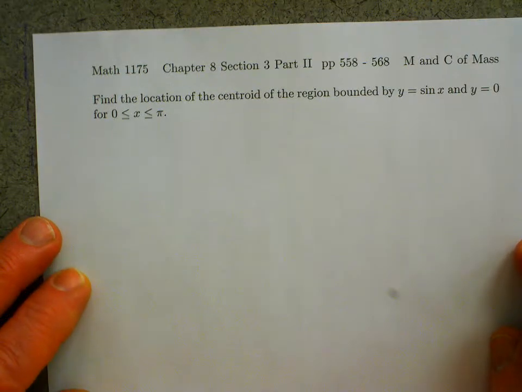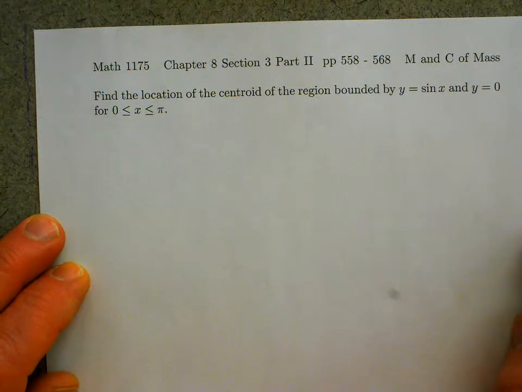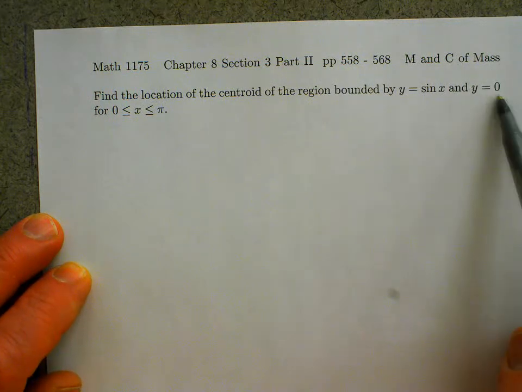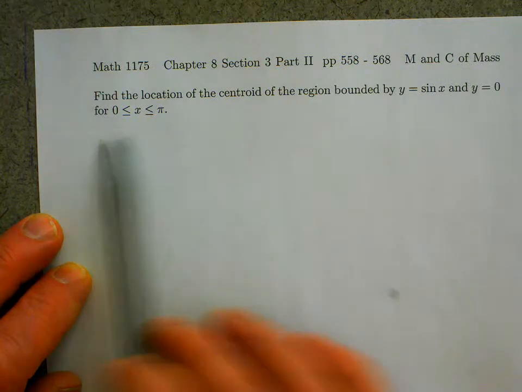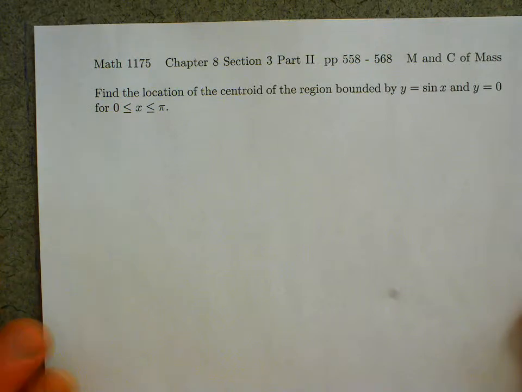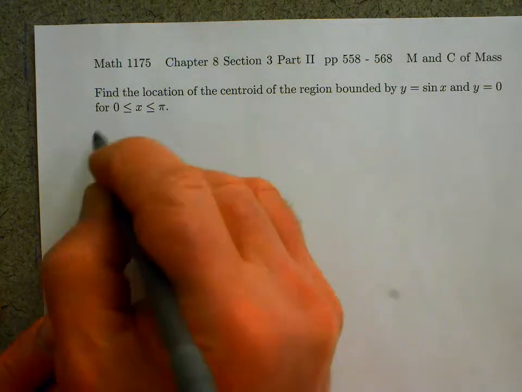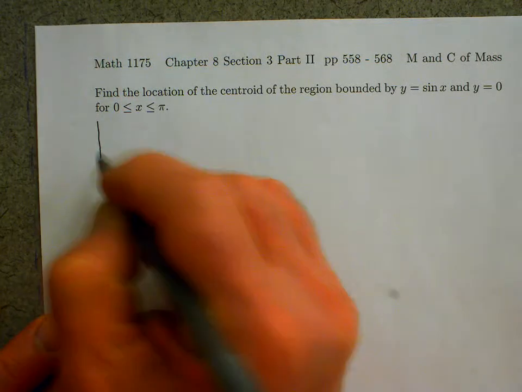Find the location of the centroid of the region bounded by y equals sine of x, y equals 0 for values of x between 0 and pi. So if we sketch this, that might help a little bit.